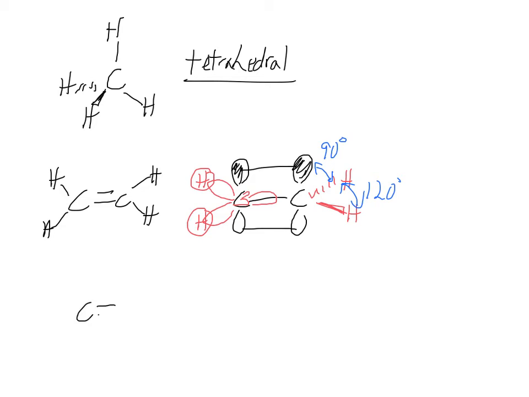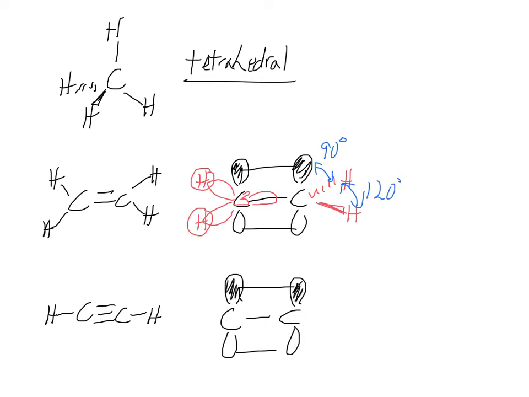So let's do the last one. Let's do the alkyne, triple bond. So I'll draw the carbon. I'll draw one p orbital in black, forming the first pi bond. The second pi bond, remember, is perpendicular to the first.